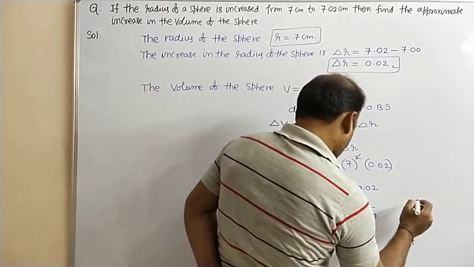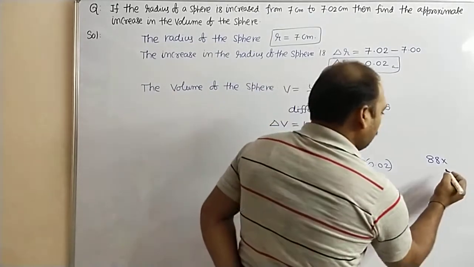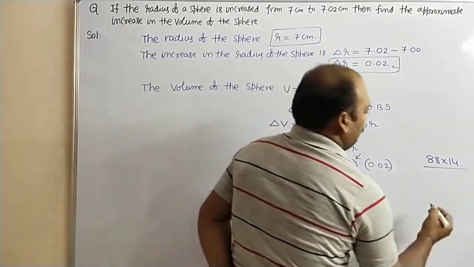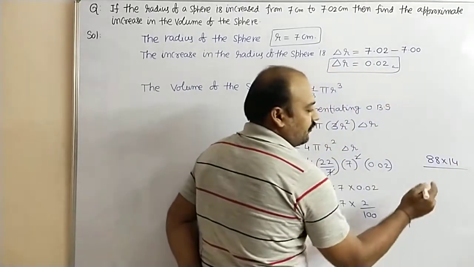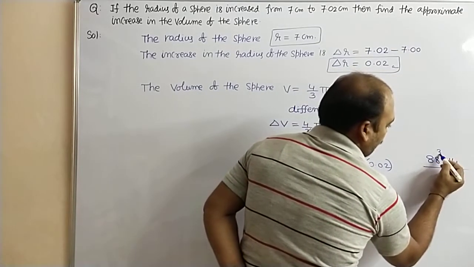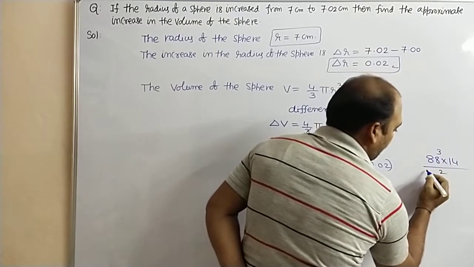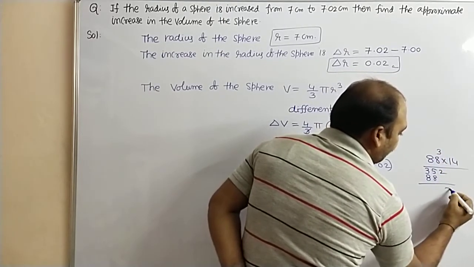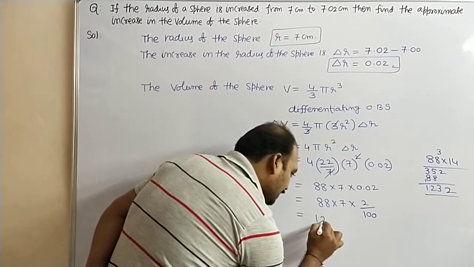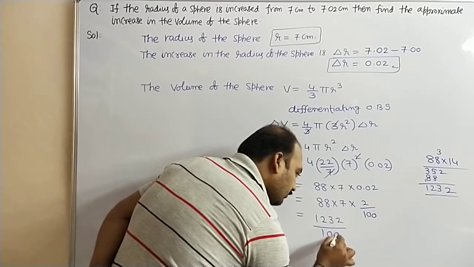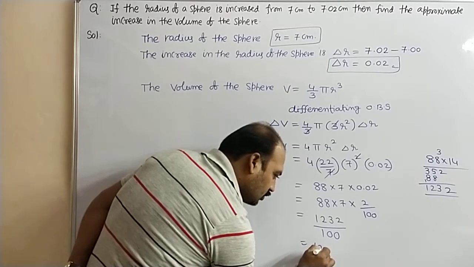So 1232 divided by 100. Dividing by 100 means put the decimal after 2, so 12.32.